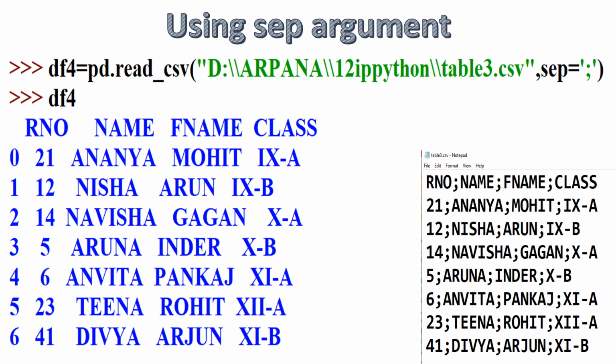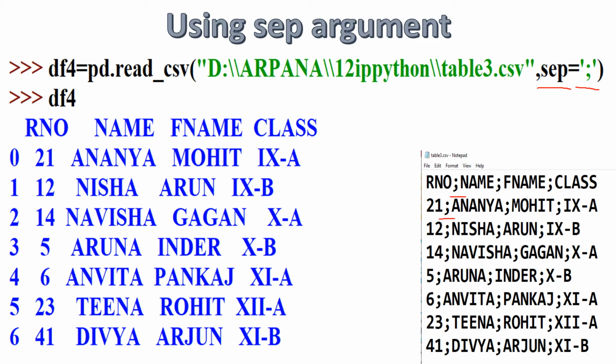So to read such file which is having separator other than comma, you have to use sep argument. So you have to specify in sep argument which separator has been used to store the file. So the same file, see the same file table3.csv where the delimiter was not comma but a semicolon.